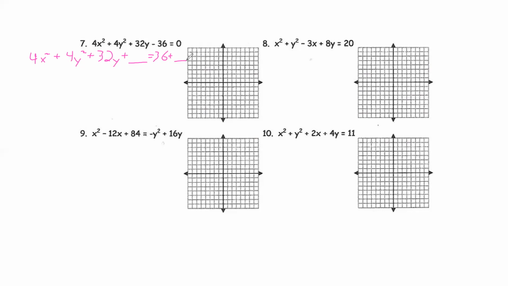We can't have a number out in front. We've got to divide every single number by 4. Exactly. So before we can go to the next part, we need to divide off 4 from each of these, so that we no longer have that lead coefficient. So x squared plus y squared plus 8y blank equals 9 plus blank.